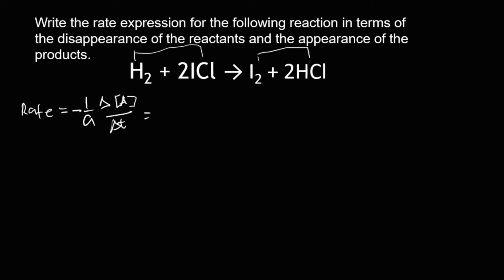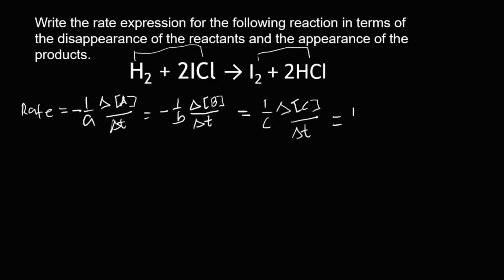Equals negative 1 over B change in concentration B, divided by change in time, which equals the product, that is 1 over C change in C divided by change in time, which equals 1 over D change in D over change in time.